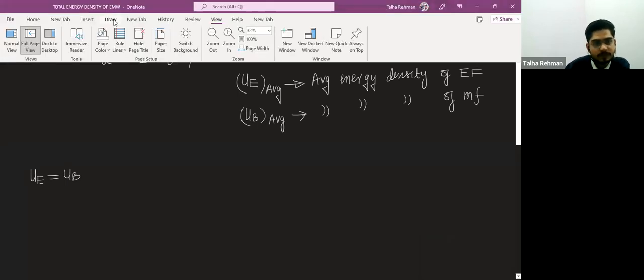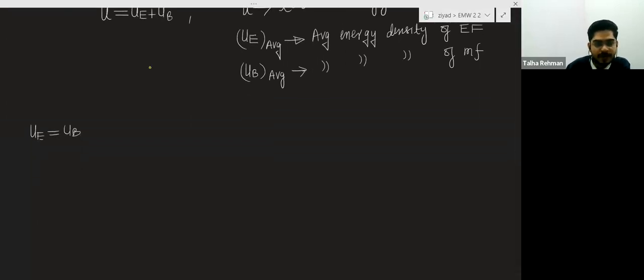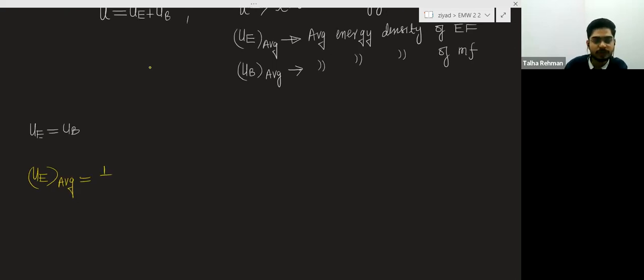We will see this equation. Now we will start from this. UE average is given by 1 by 4 of epsilon naught into E naught square.